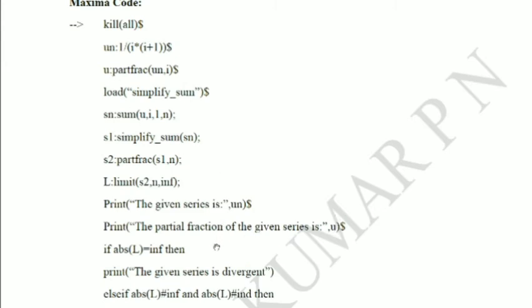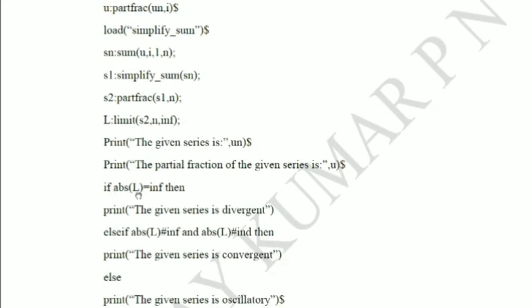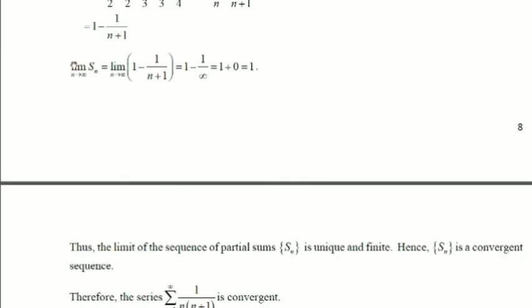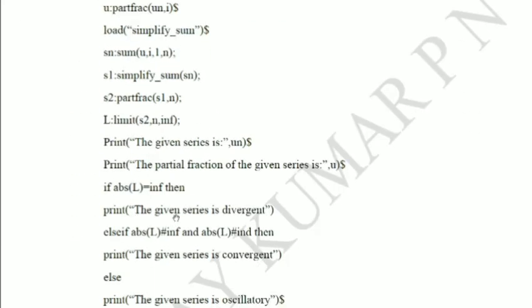Now we'll verify depending on the answer, that is the limit as n tends to infinity of Sn, that is stored in L. If the absolute value of L is infinity, then we are using absolute value just to avoid the negative numbers.